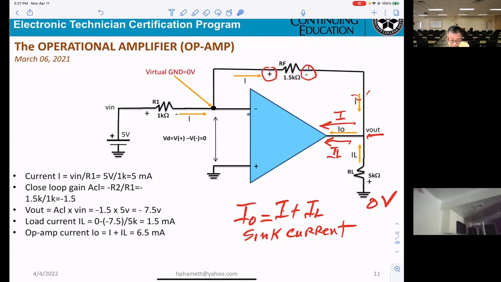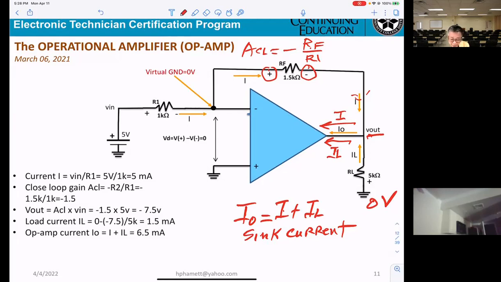Okay? And the closed loop gain, ACL, basically on this circuitry here, ACL equals minus RF divided by R1. That's the closed loop gain. Okay?